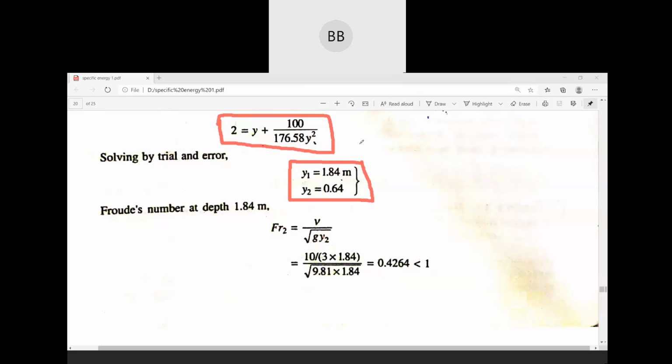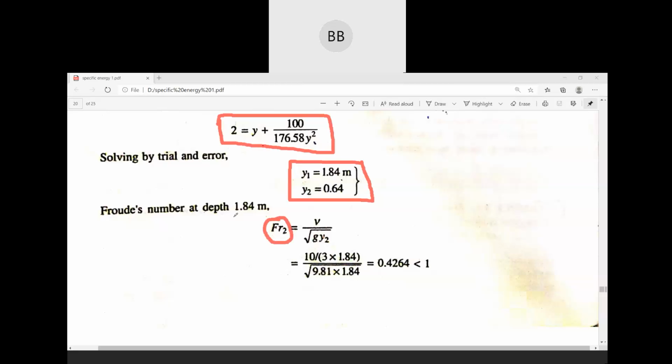So then for these depths, you need to find out the Froude number.